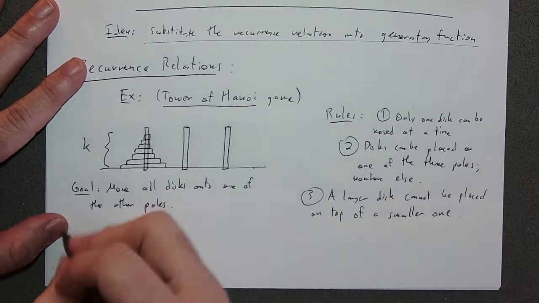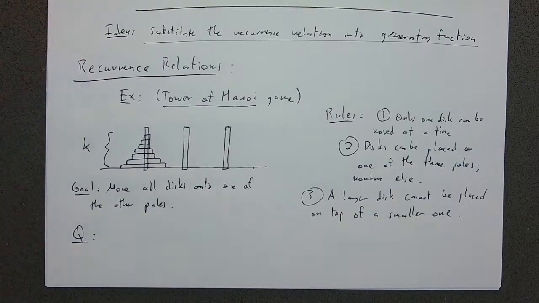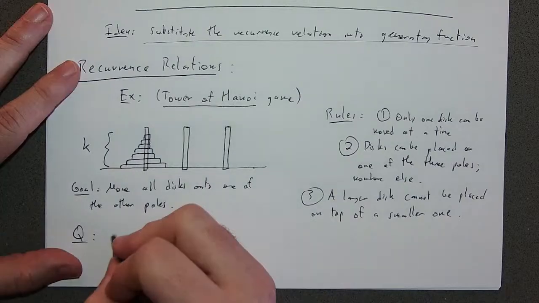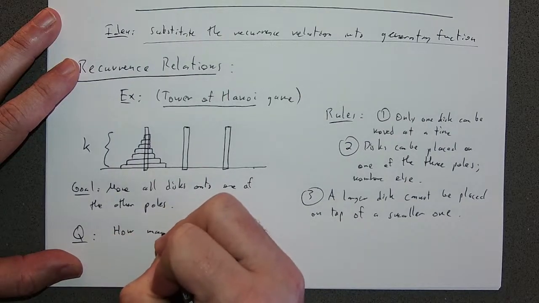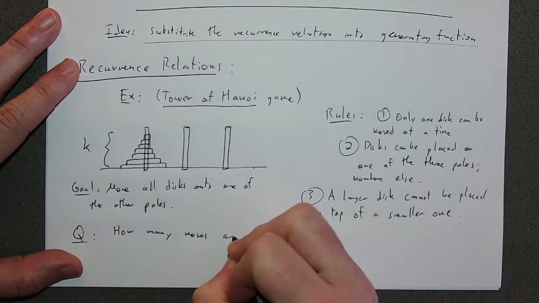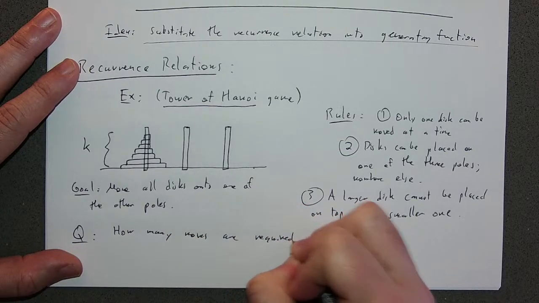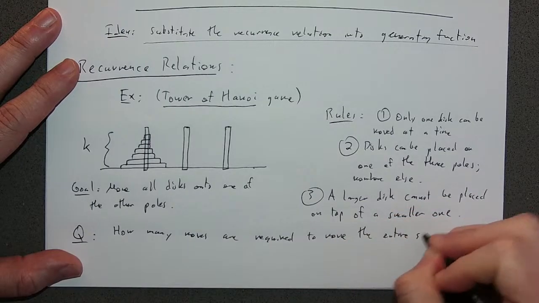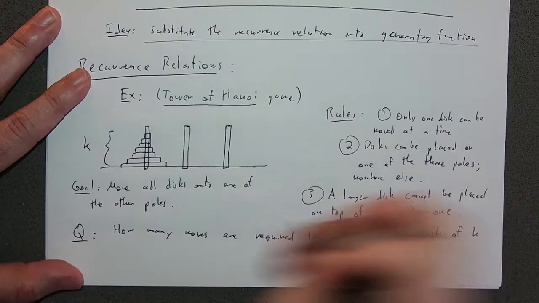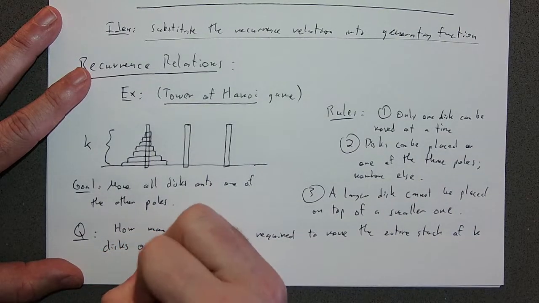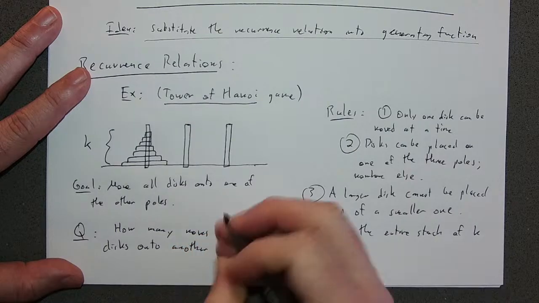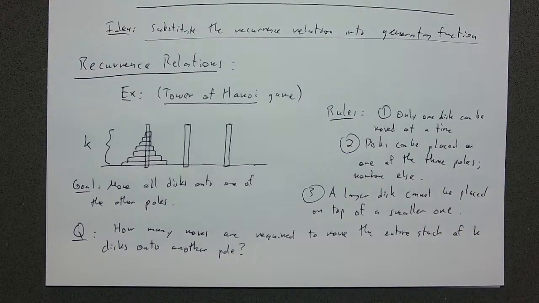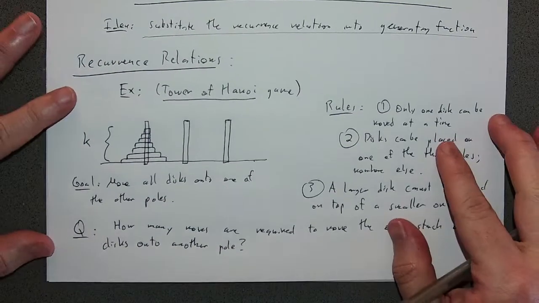Obviously, related to this is the question, well, how many moves are required to move the entire stack of K disks onto another pole? We're going to let A sub K denote this number.